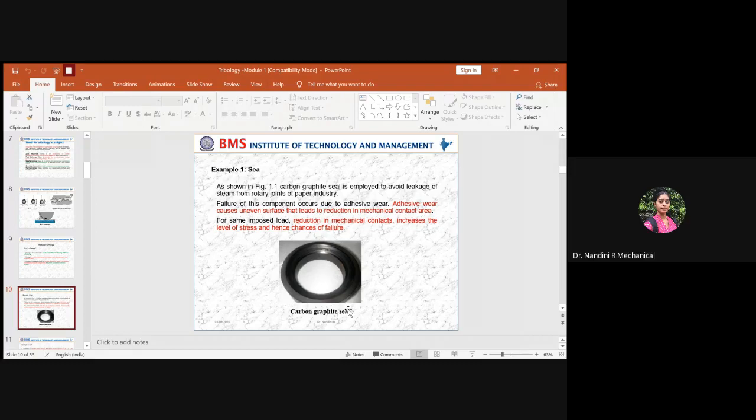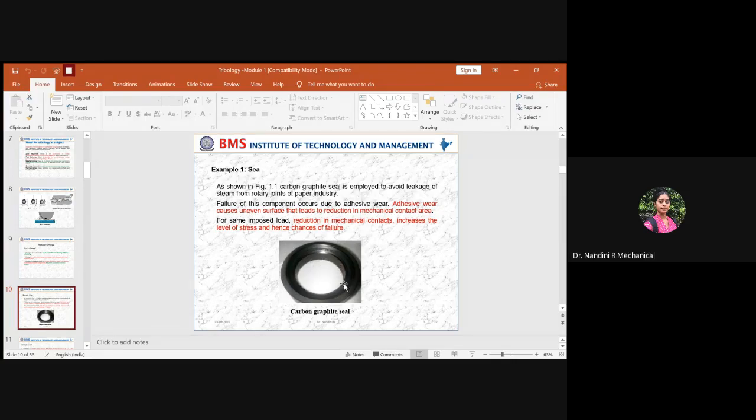To overcome this problem, it is essential to reduce the amount of stress coming into the picture. You can see a uniform surface inside the carbon graphite seal, so there will be a coating of the carbon graphite. If it is not uniform, if you have any variations across the surface, it results in forming some rough surface in between, so that there will be variation in the cross-sectional area.